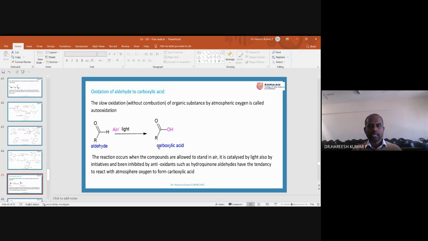Here an aldehyde is converted into carboxylic acid, and it's a slow oxidation. Slow oxidation, meaning without combustion of an organic substance by atmospheric oxygen, is called autooxidation. The reaction occurs when the compounds are allowed to stand in air.